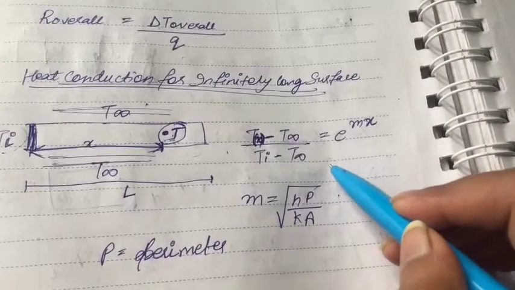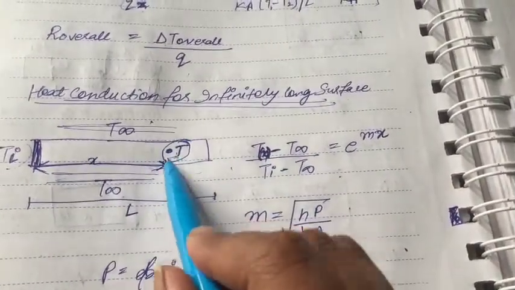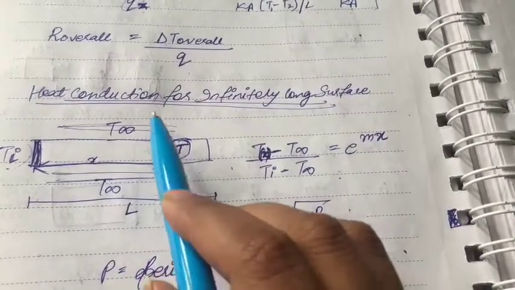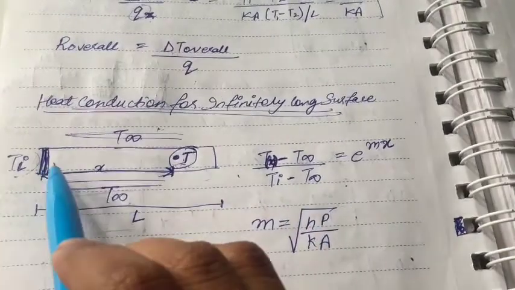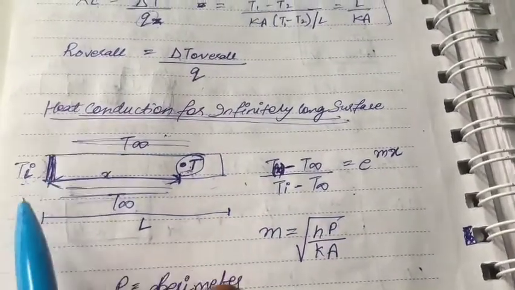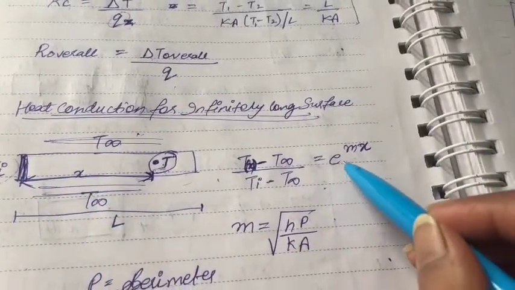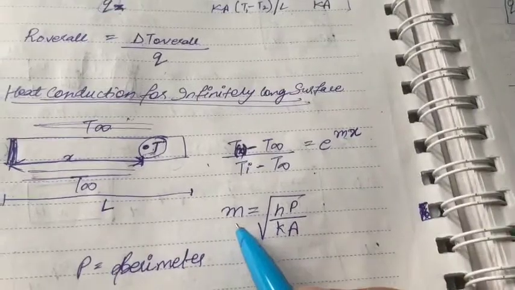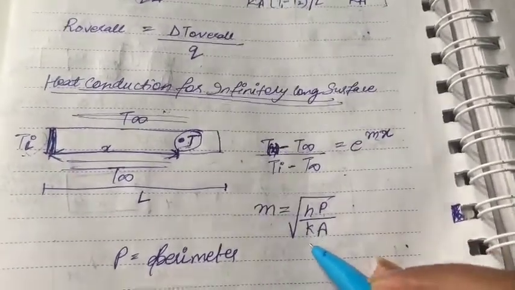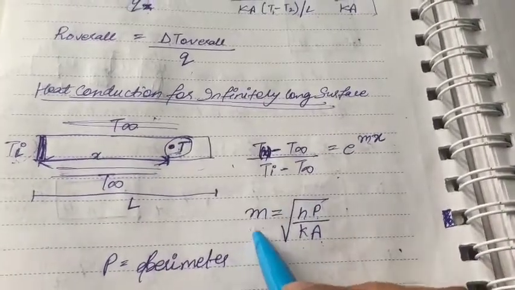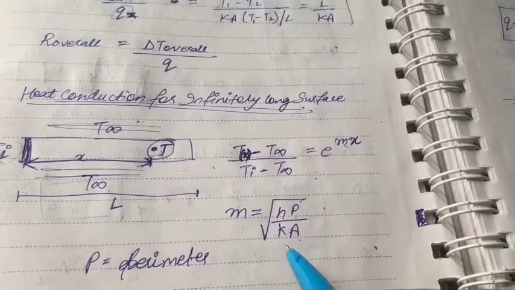In that case, we are going to use this formula, which is T at x minus T infinity, which is outside temperature, upon Ti, the temperature on the one end, minus T infinity, the outside temperature, which is equal to e to the power minus mx. m can be calculated as under root hP by kA, where P is our perimeter and A is area. m is equal to under root of heat transfer coefficient into perimeter upon thermal conductivity into area.